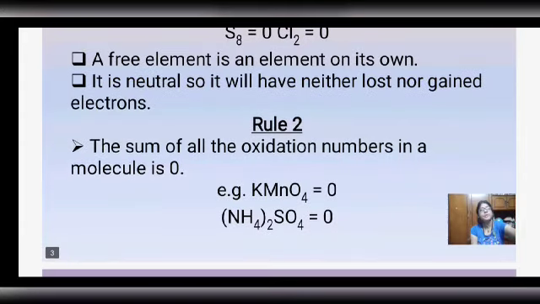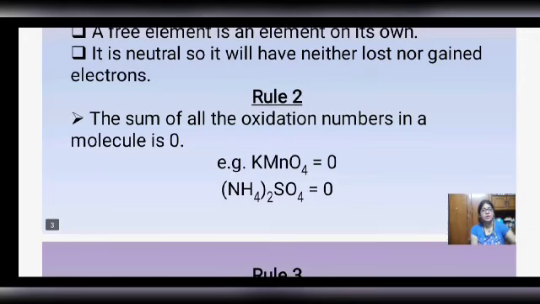Talking about rule number 2, the sum of all the oxidation numbers in a molecule has to be 0. That means the molecule itself will have an oxidation number of 0, in such a way that the elements present in it must be arranged in terms of their oxidation numbers so that, by summation, the compound will have an oxidation number of 0.